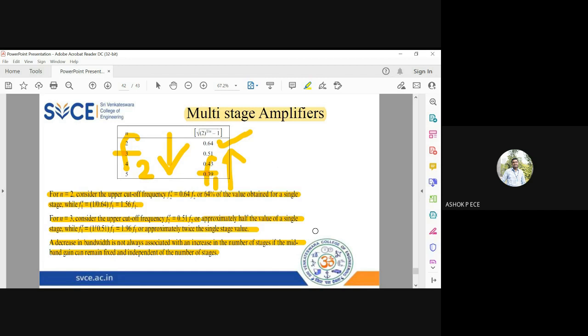There are cascade amplifiers which have high gain and larger bandwidth. That is possible when you ensure that every stage of your amplifier is identical to each one. So that is the main concept of multi-stage amplifiers.